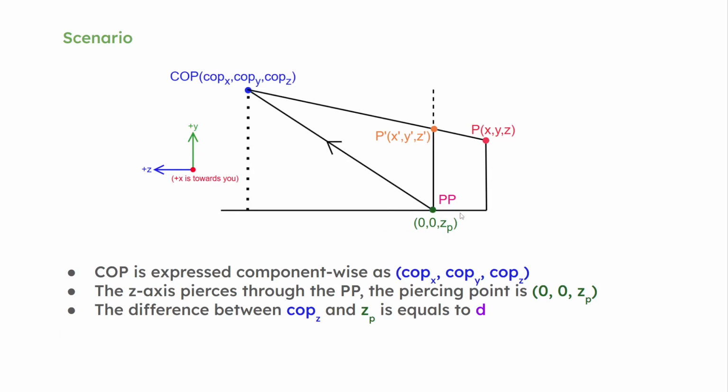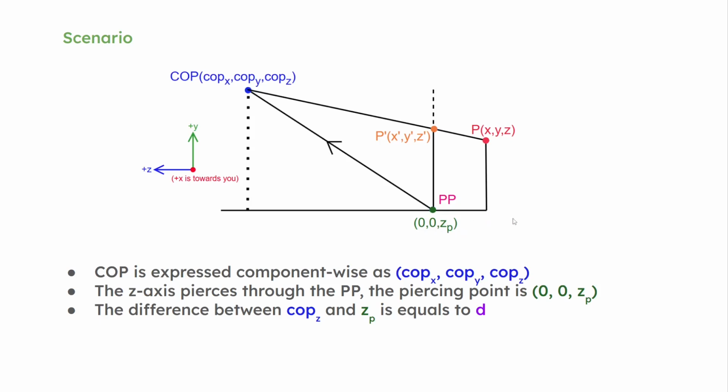It's shown here. It essentially pierces through the projection plane. So our projection plane is this line, shown from the side. The projection plane also extends to the lower part, but it's not shown here. Only relevant parts are shown. When the z-axis intersects the projection plane, it intersects through a point called (0, 0, ZP).